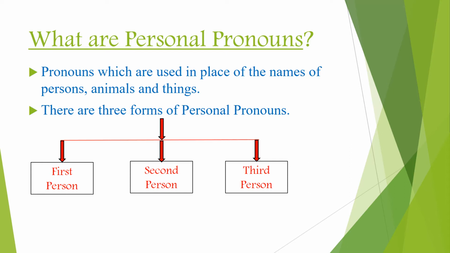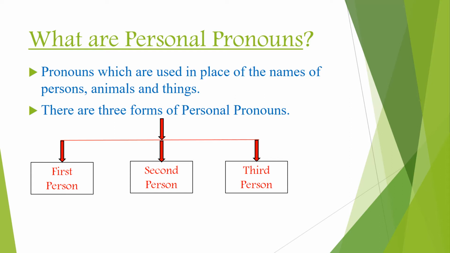So they are used in place of the nouns which are the name of any person, animal, or thing. And there are 3 forms of personal pronouns. As you can see on your screen, you have the first person pronoun, the second person pronoun, and the third person pronoun.